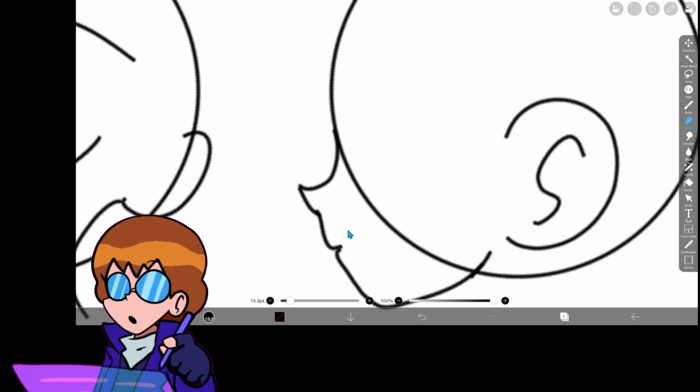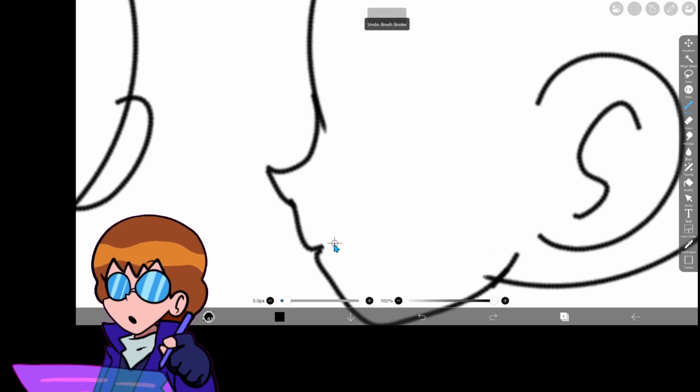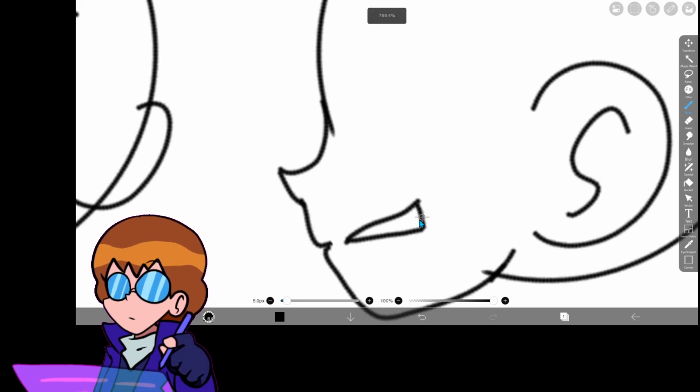For some reason, I don't know why anime does it this way, but it looks right usually. There's usually a gap between the mouth and the edge of the face.